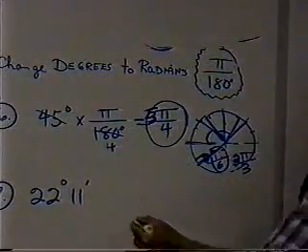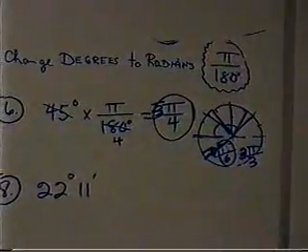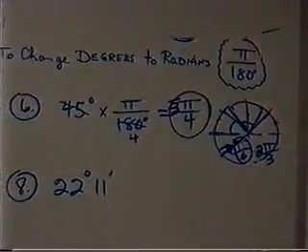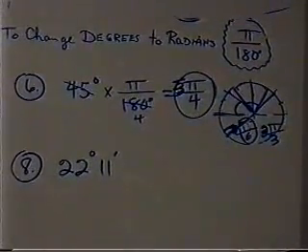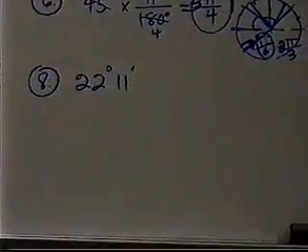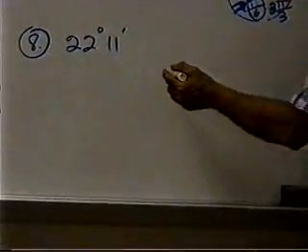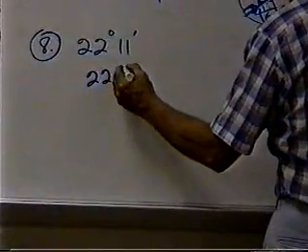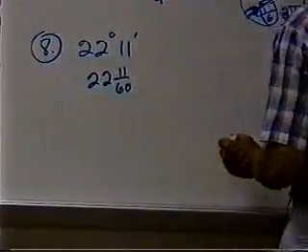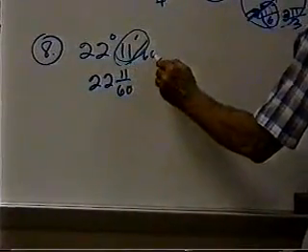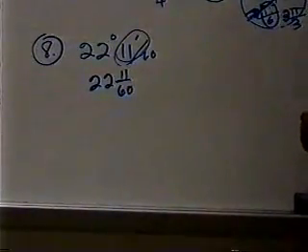All right? Let's skip the next example. You can look at it in your notes, 210 degrees. Let's go to number 8 in the notes, 22 degrees and 11 minutes. How do we change this to radian measure? Several ways. Number 1, though, is this is 22 and 11 60ths. Okay, if you want to change from minutes to degrees, you divide by 60. Same concept as a clock.